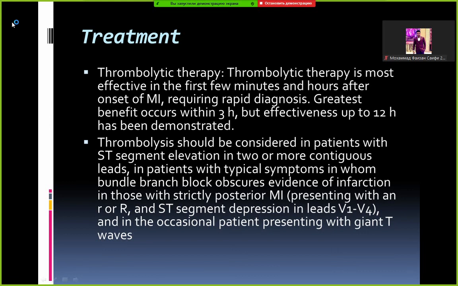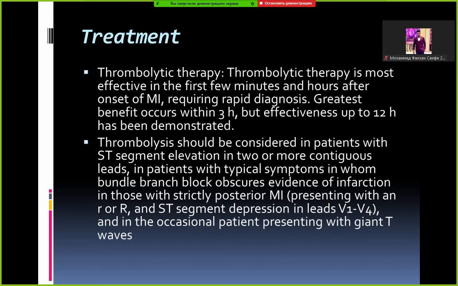then thrombolytic therapy. Thrombolytic therapy is most effective in the first few minutes and hours after onset of myocardial infarction, requiring rapid diagnosis. Greatest benefit occurs within 3 hours, but effectiveness up to 12 hours has been demonstrated.